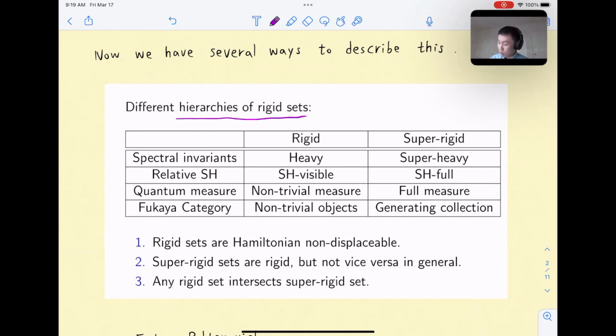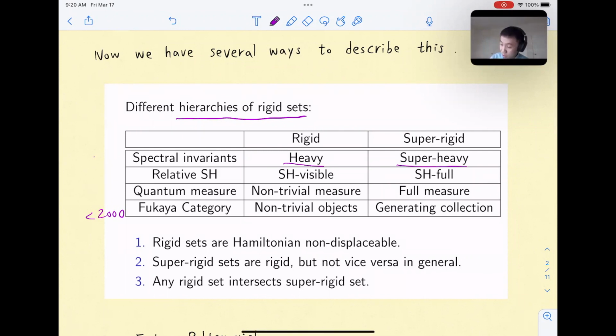Maybe the earliest one, the first one, is from around 2000 or even before 2000. And the main character of today is the language using spectral invariants, introduced by Entov and Polterovich, called heavy and superheavy sets.